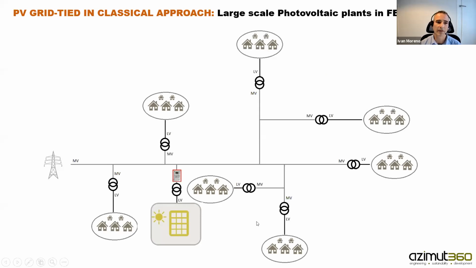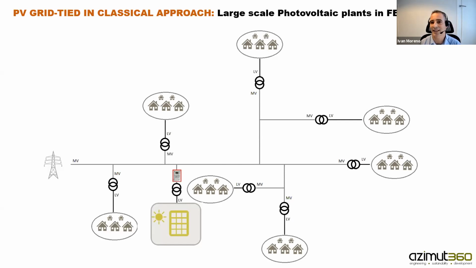So we have here an example of a large-scale grid-tied PV plant providing energy and supporting the utility grid for the whole community of villages. Here the benefit is to have only one PV plant, and it's easier to manage.